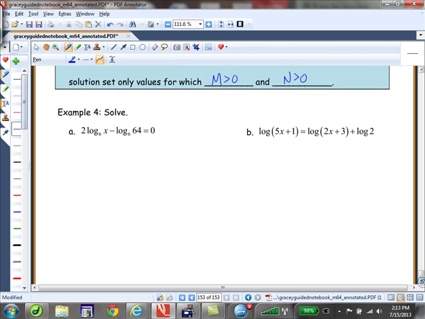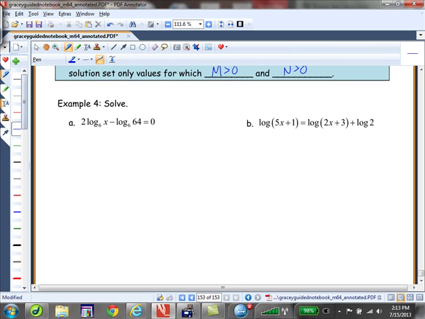So here we go, our last two examples. So notice we have 2 logs on one side and 0 on the other. So that means we can add log base 6 of 64 to both sides.